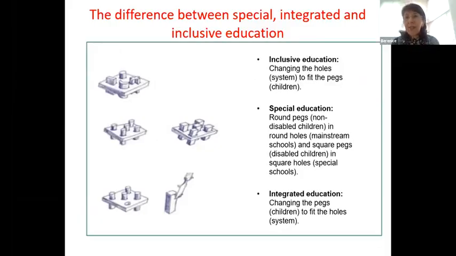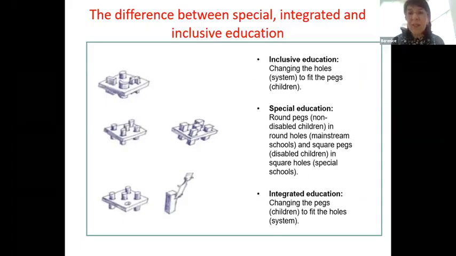Okay, so what's the difference between special, integrated, and inclusive education? Inclusive education is about changing the holes. It's a system to fit the pegs. So when you've got a range of children in your school, you have to adapt according to the needs of the children. Special education in its traditional understanding is round pegs, non-disabled children in round holes, mainstream schools, and square pegs, disabled children in square holes, special schools.